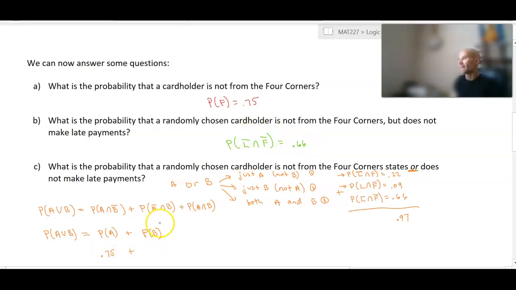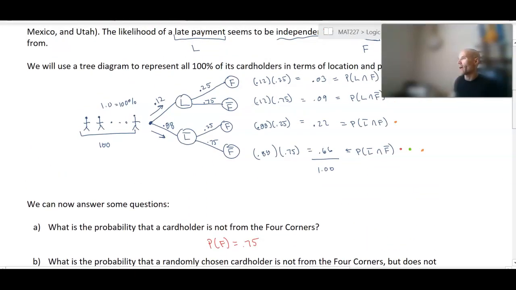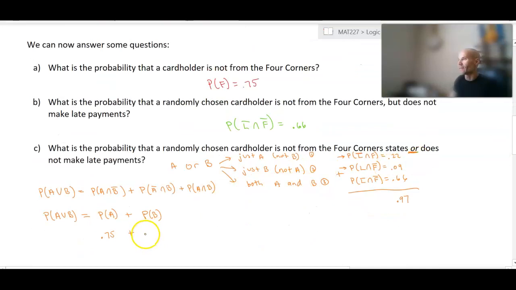And if to that we added the percentage of people who are not late payers, and that is the 0.88, you notice already, hopefully, that this doesn't make sense. You cannot have over 100% of people when you only have 100% of the people that you have. So something happened here.